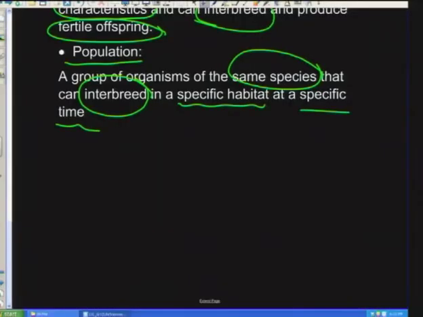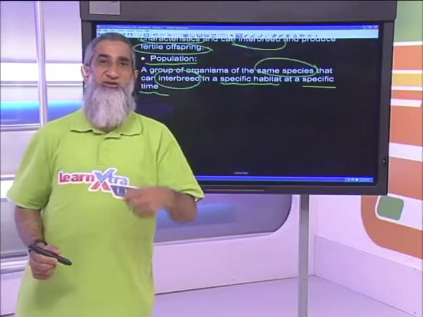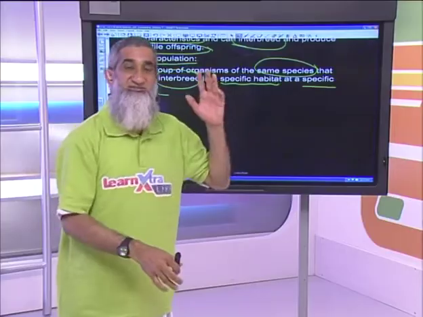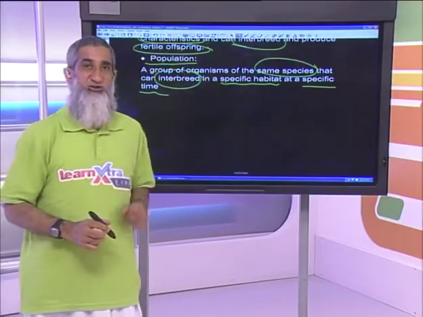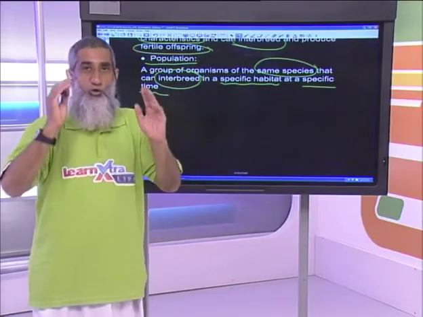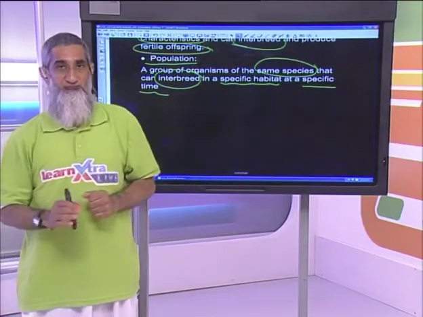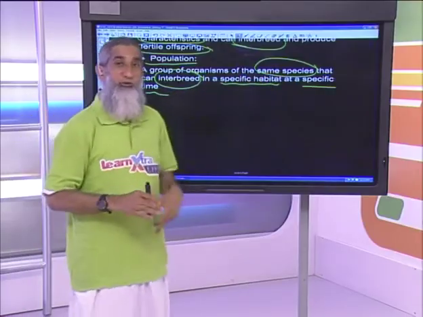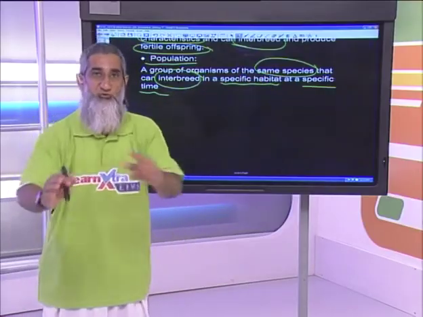This is important. We cannot talk of a population of donkeys and zebras. Donkeys are donkeys, that's one species. Zebras are a different species. So when we talk about a population, it must be either of giraffes or donkeys or zebras, at the same time, that's the same species. Next, we cannot talk about the donkeys and zebras, full stop.